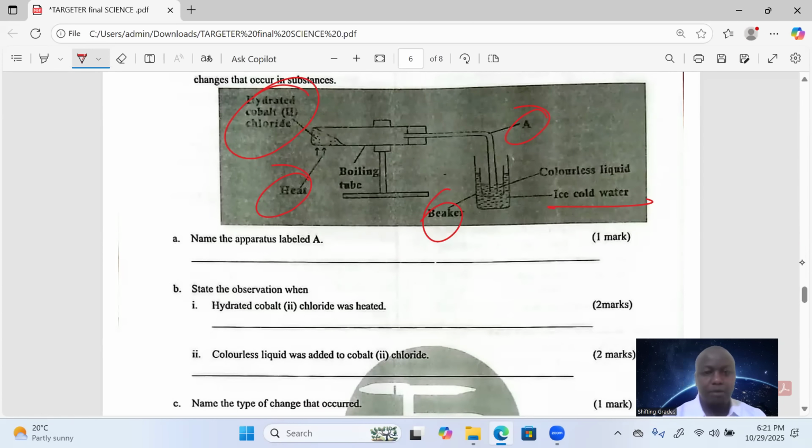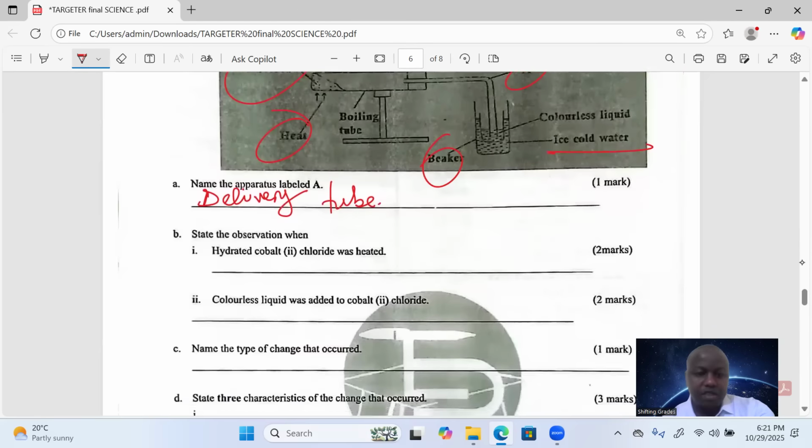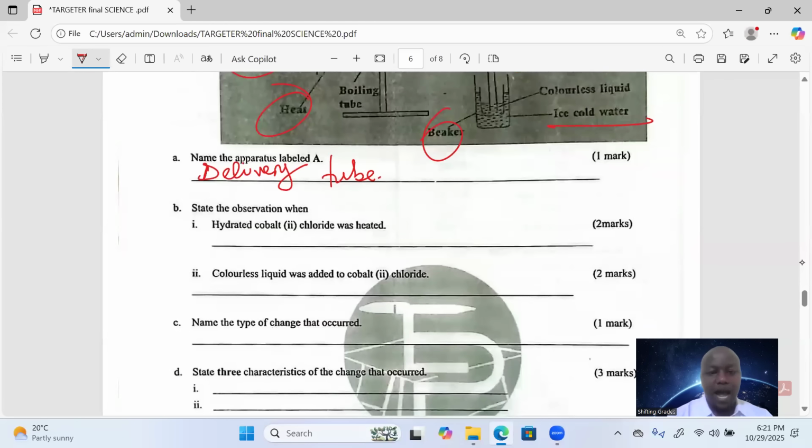Name the apparatus labeled A. That's a delivery tube. Now state the observations when hydrated cobalt 2 chloride was heated. Hydrated cobalt 2 chloride when heated changed the color from pink to blue.